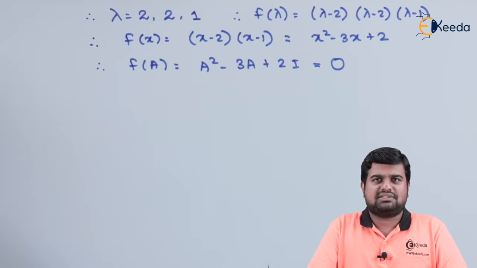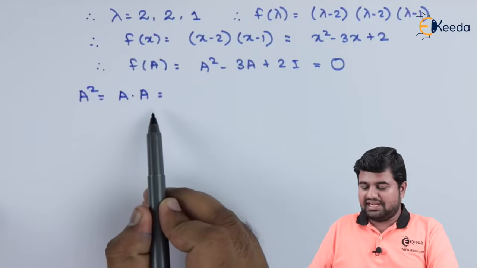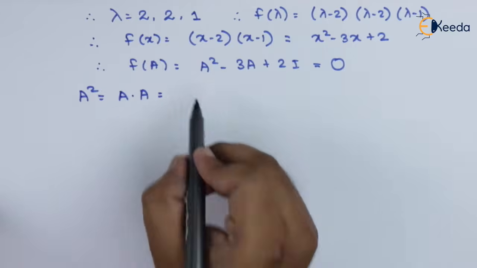So now let us solve this. Now A square is equal to A into A, so I am going to multiply the same matrix with the same matrix.